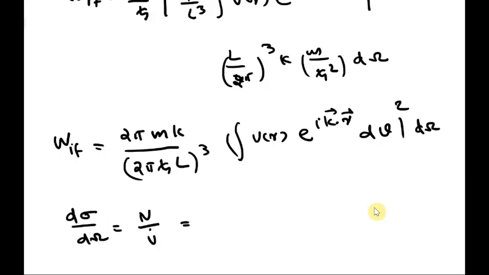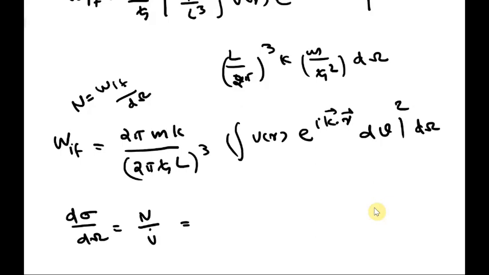If you divide it by d omega, it is nothing but our n. So n that we define here is nothing but omega IF divided by d omega, per unit solid angle. Whatever remaining things you can substitute here instead of omega IF. So that will be your n.